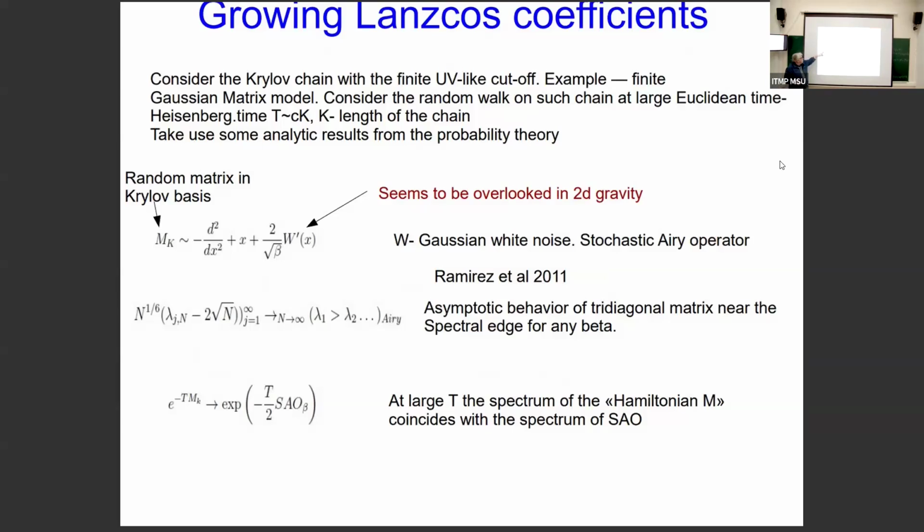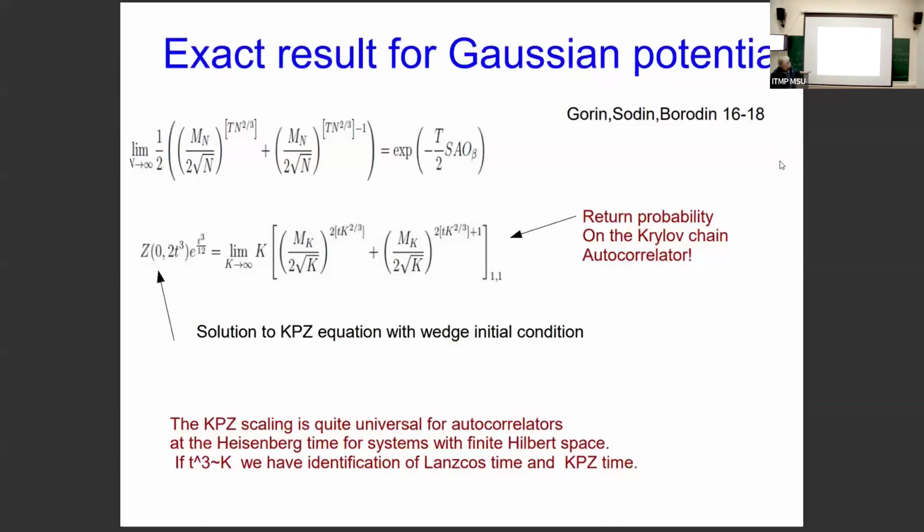Stochastic area operator looks as follows. And finally, when you consider, so we have a set of relations. As the next point, we use the relation between powers of matrix and spectrum of operator.